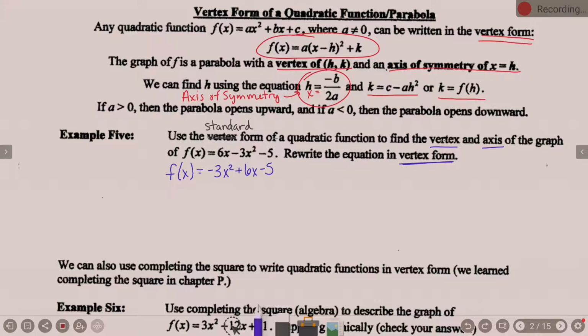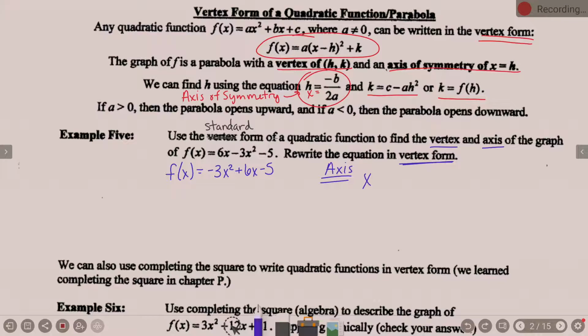So let's start off by finding the axis of symmetry. How do I find the axis of symmetry? We have a formula, yes? If you're in standard form, you have a formula. And that's what we're going to use here.